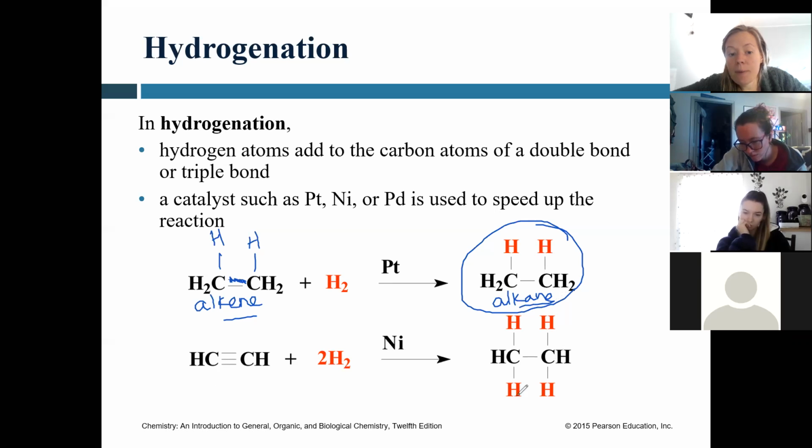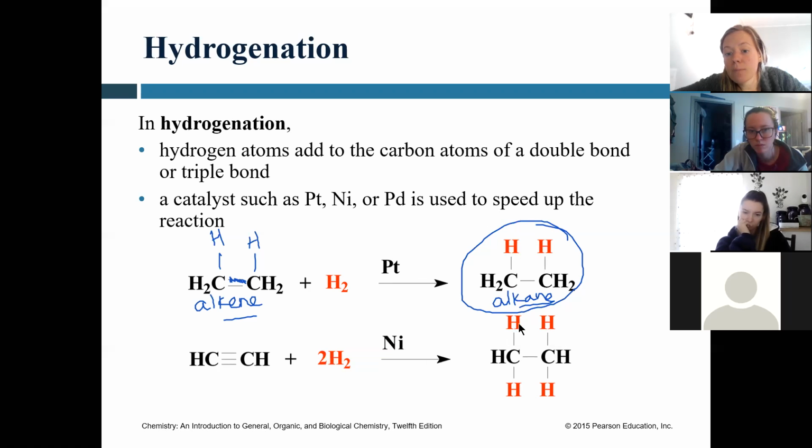The same thing can happen with an alkyne. We can take something that has a triple bond and we can open up 2 of those bonds to receive 4 hydrogens and we can saturate the structure. In this case, we would need 2 hydrogens. Here we only needed 1 hydrogen diatomic molecule because this hydrogen is really 2 hydrogens, 1 here, 1 here.